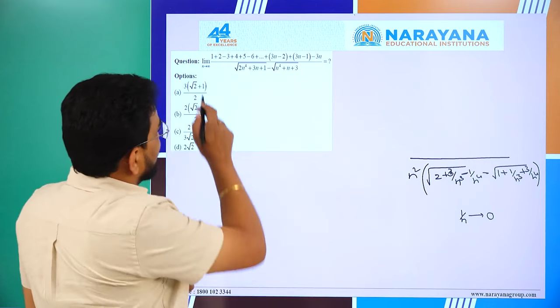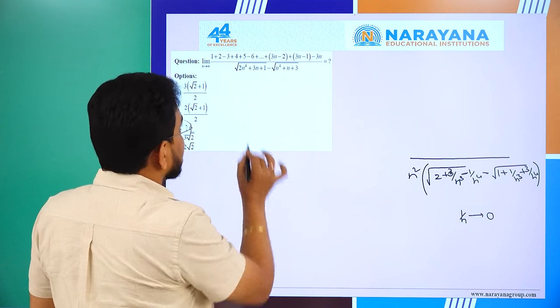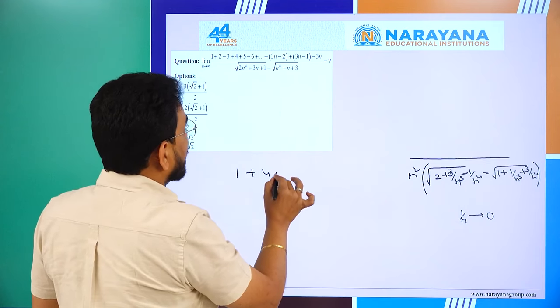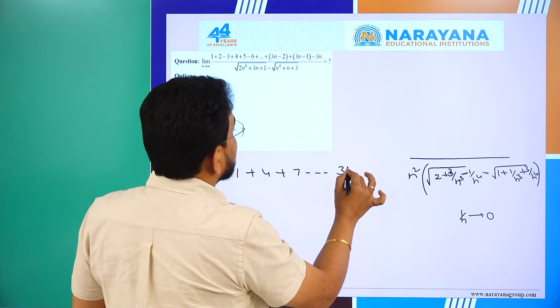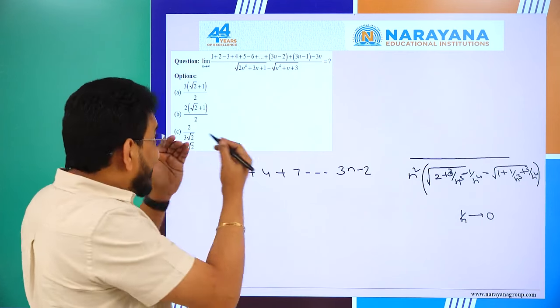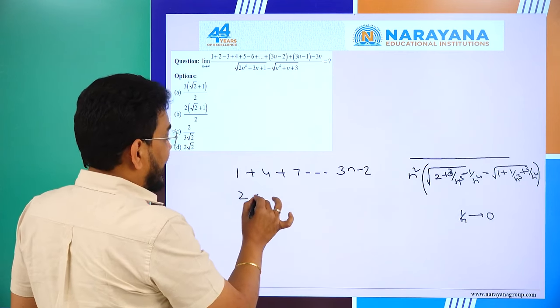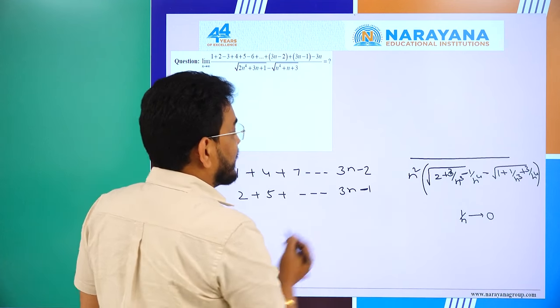Look carefully, the numerator is 1 plus, next one is 4 plus, next one is 6, etc. So this is 3n minus 2. Second terms, if you take second and fifth, etc., this is 3n minus 1.